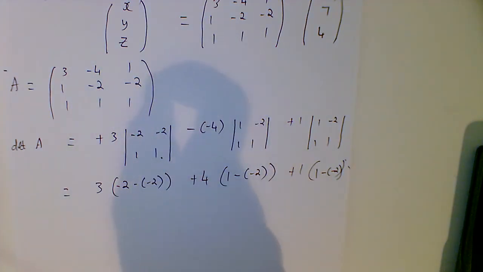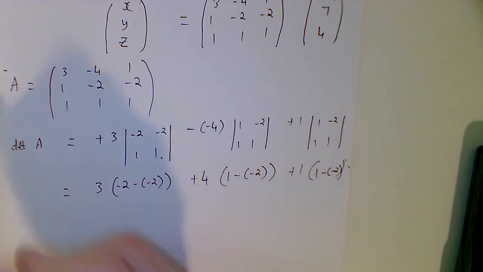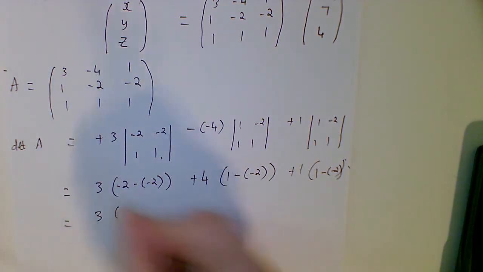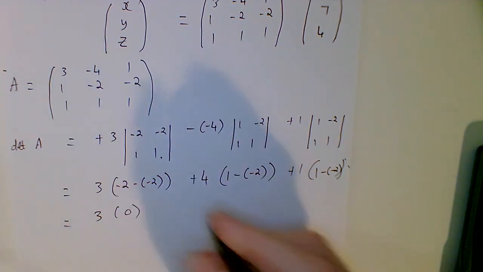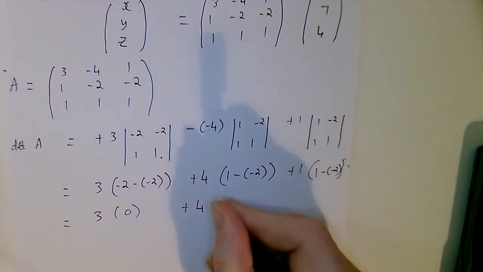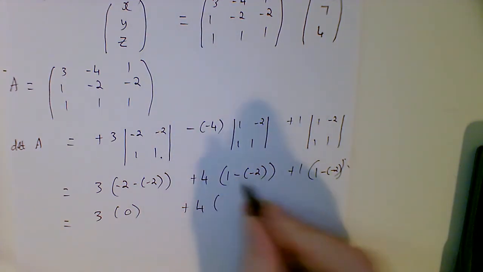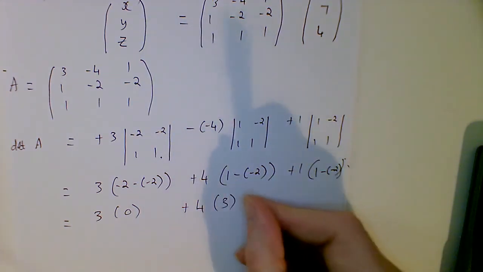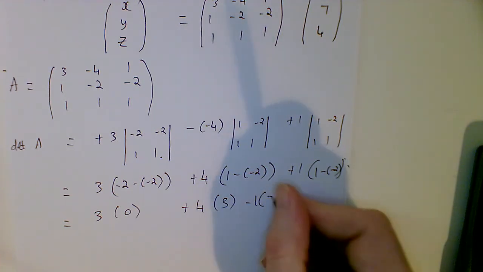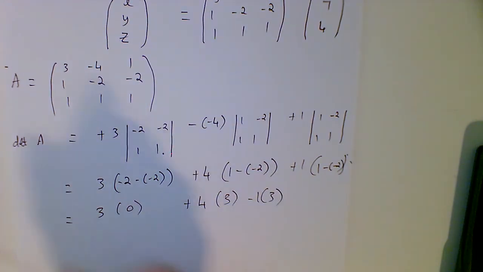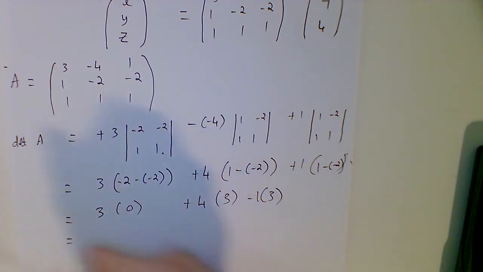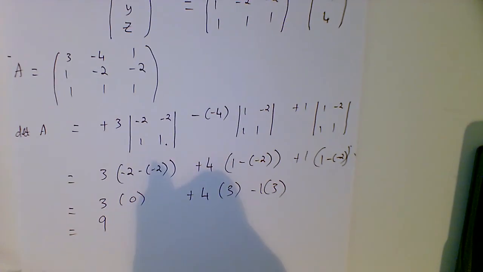Just checking that makes sense. It does, right. So that's 3, and that's going to be 0. 3. Right, so that's 12. Take away 3, so the determinant of A is 9.